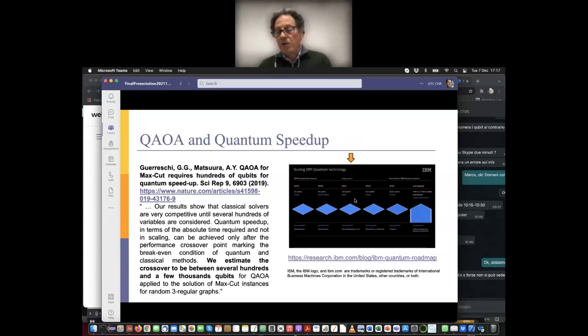And according to their prevision, in 2 years they will be able to propose a machine with more than 1,000 qubits. So, at least for the max-cut and with the QAOA approach, maybe we will be able to do better in a couple of years. But okay, this is just an estimation.